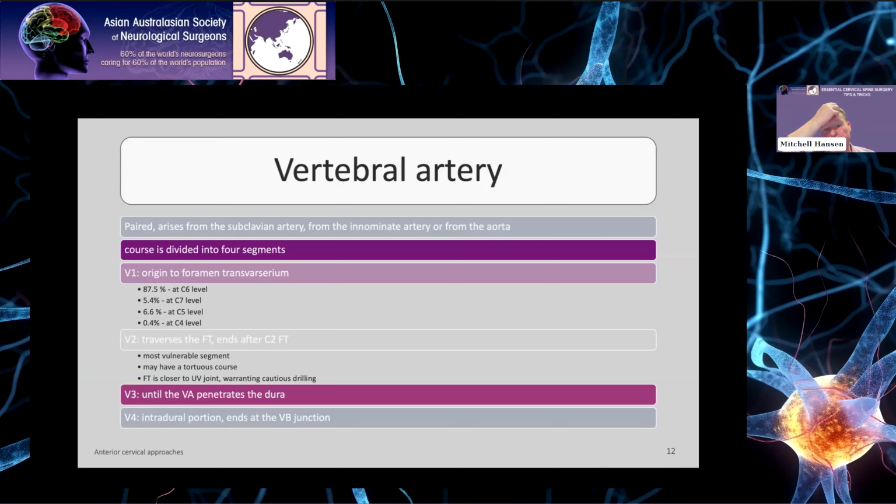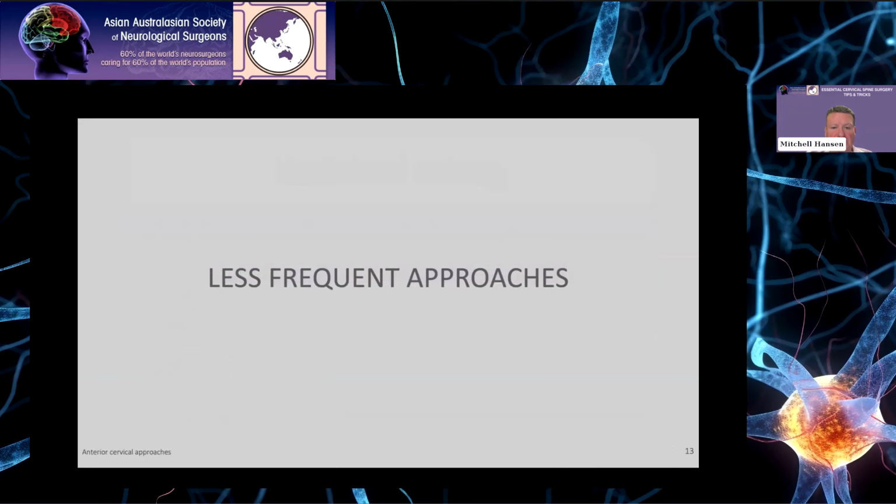So it's important to check your CT, and if you're doing extensive surgery, to have a look at your CT angiogram to see where the vessels are running. I have seen the odd case where a vertebral artery can come in to the disc space in the mid-cervical spine. So that's something to be aware of.